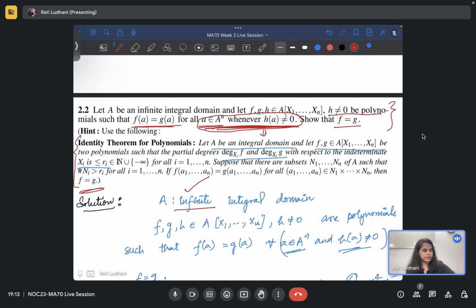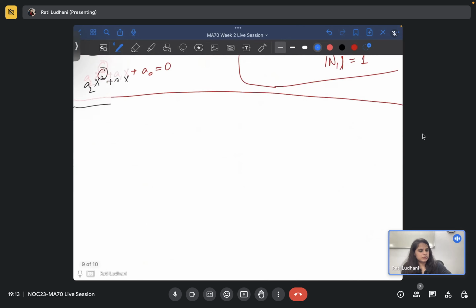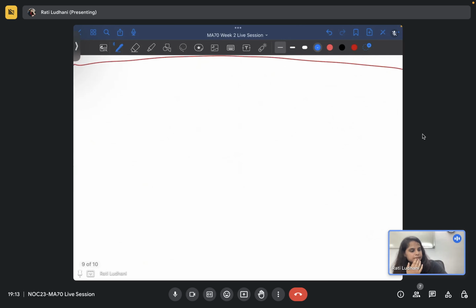Okay, let's try to prove that. So if you want to use the identity theorem, we have to produce these Nis. Let's see what we can do. Firstly, I'll transfer this question to f minus g and think of just one polynomial. h was a confusing thing.